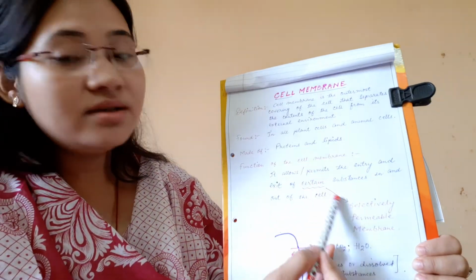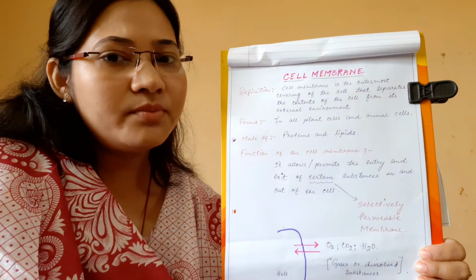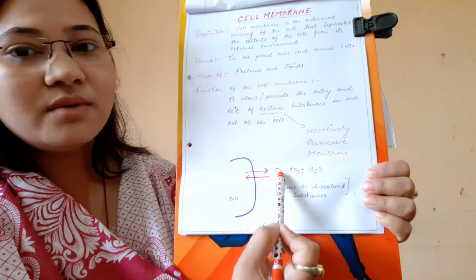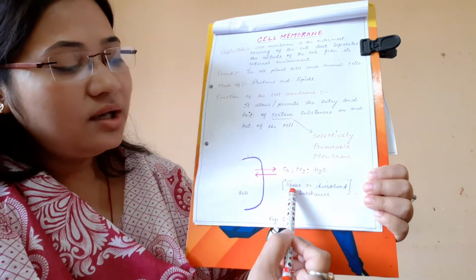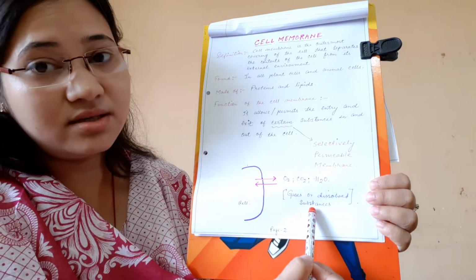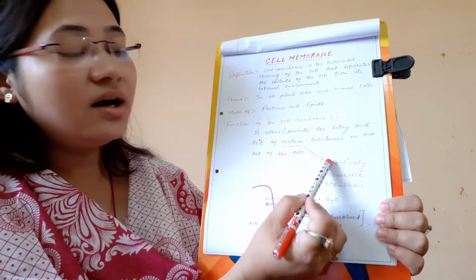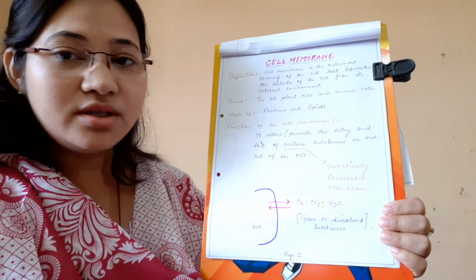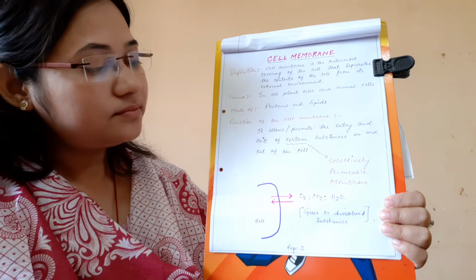Now, those certain substances are highly selective in nature. Not all substances, only certain substances like oxygen, carbon dioxide or water, like gases or some substances which are present in dissolved state. Okay? So these certain substances are highly selective. Not all substances are allowed through the cell membrane.